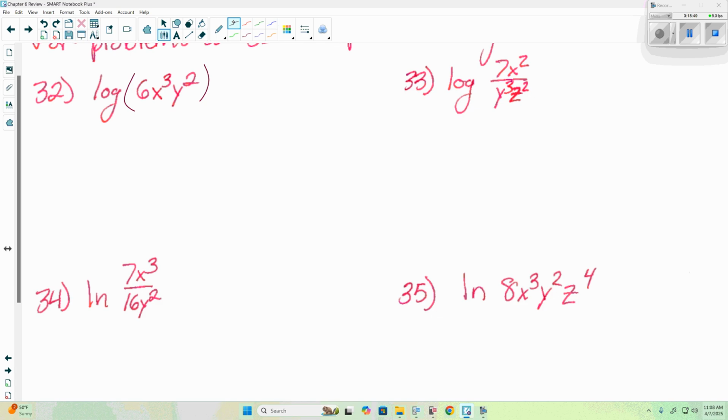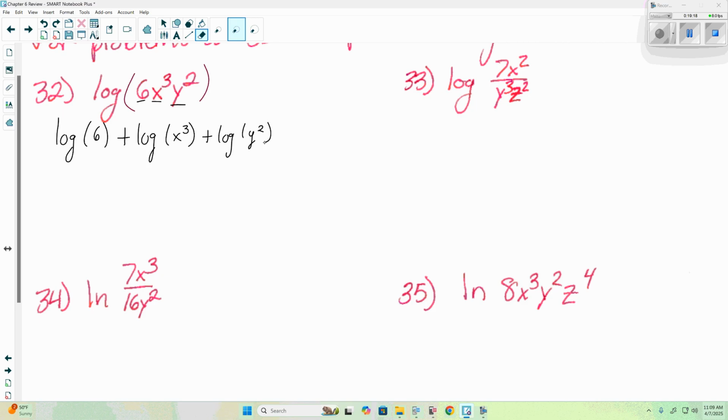We have 3 things being multiplied, yes? 2 or more things being multiplied inside the log can be rewritten as a sum. So we have log of 6 plus log of our second term being multiplied with this, which is x cubed, not x squared. And our third term is y squared.